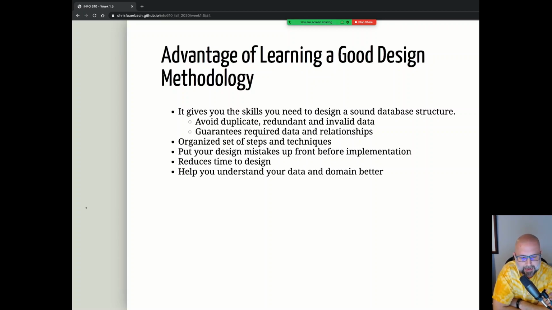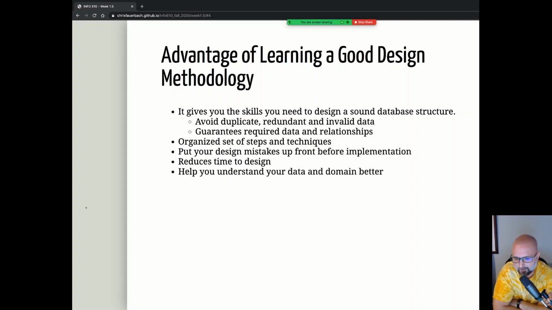We're learning a pretty traditional methodology for designing a database, or identifying the data you need, or the relations you need in your database. So we're going to be spending a lot of time on a process to design a good database. And like designing anything before you build, it's going to help you save time.